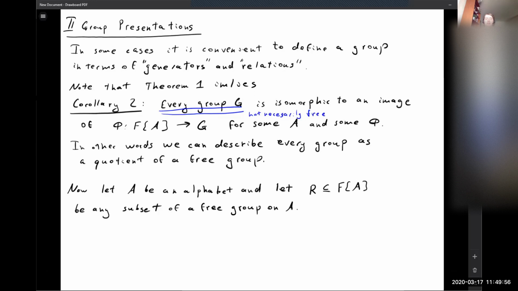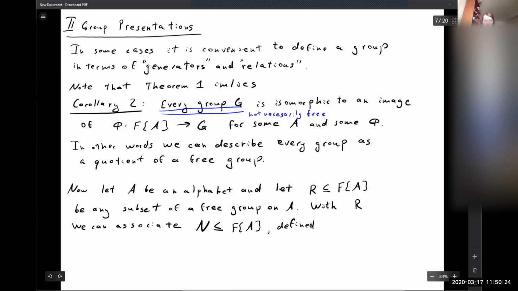With R, we can associate a subgroup of F of A, defined as the smallest normal subgroup of F of A containing R.